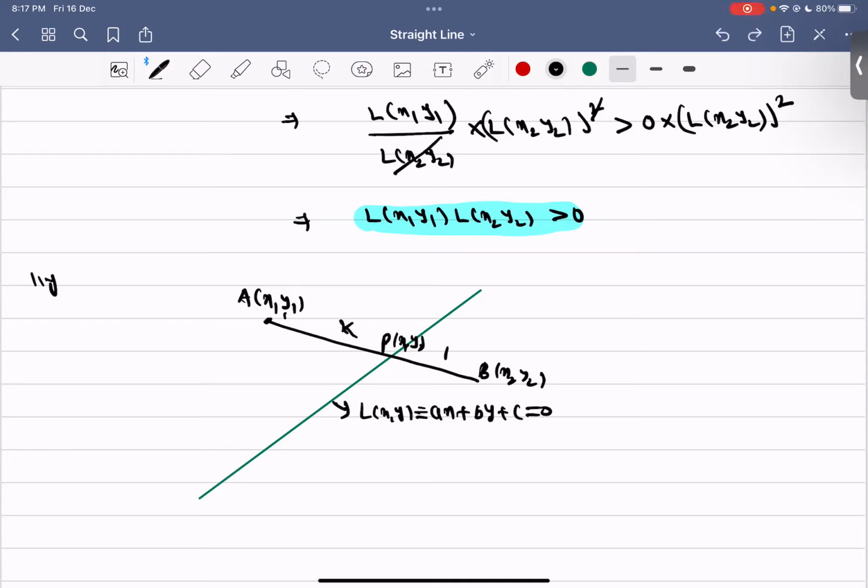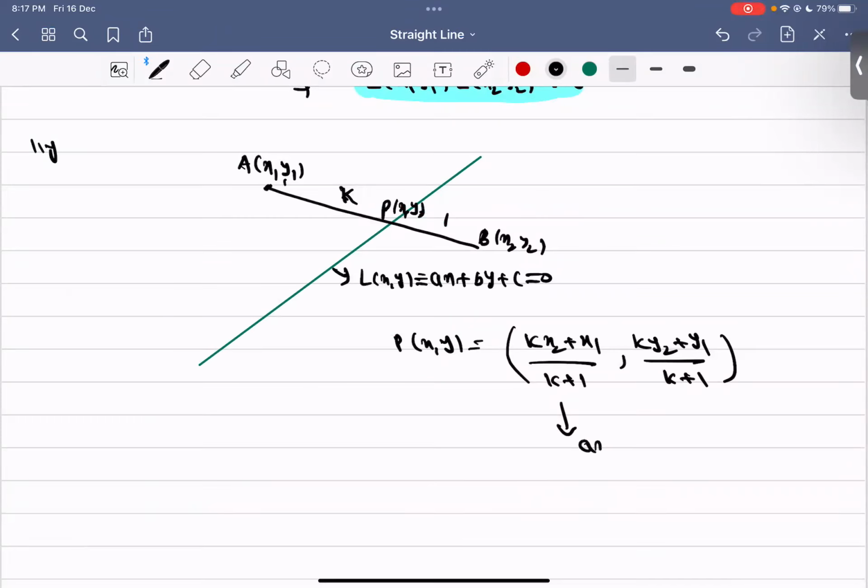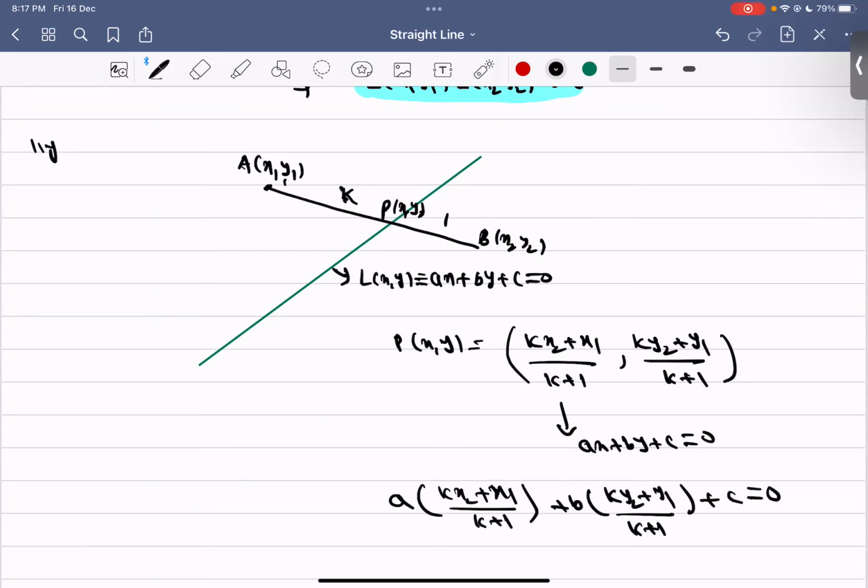So if you use internal division formula, then similarly P(x, y) is equal to what? (kx2 plus x1) by (k plus 1), (ky2 plus y1) by (k plus 1). So this P(x, y) lies on ax plus by plus c equal to 0. So it must satisfy, therefore a into (kx2 plus x1) by (k plus 1) plus b into (ky2 plus y1) by (k plus 1) plus c is equal to 0.